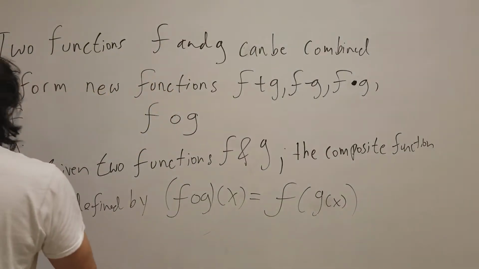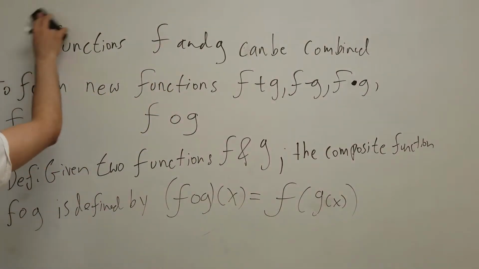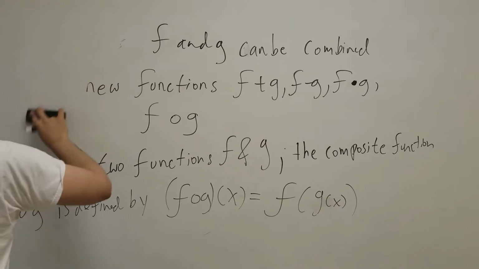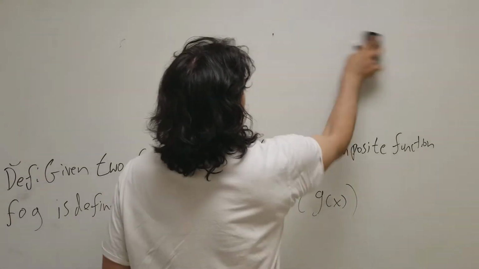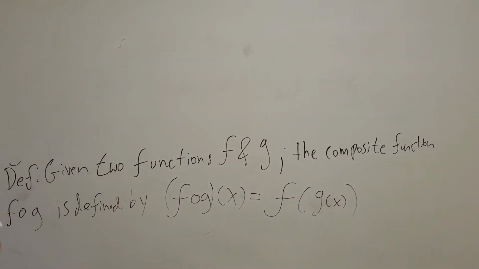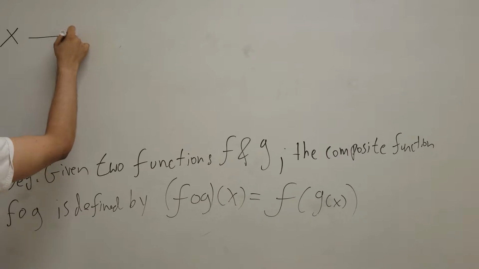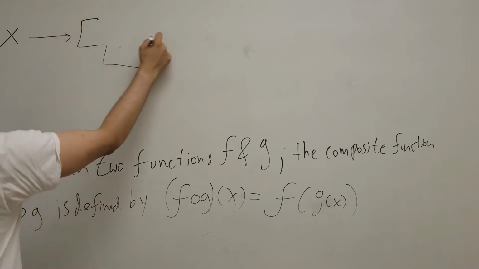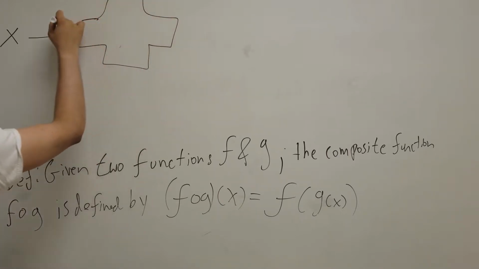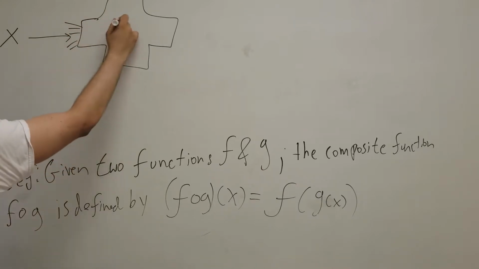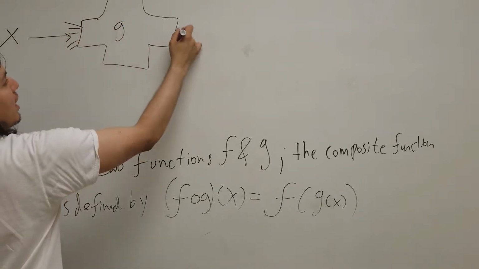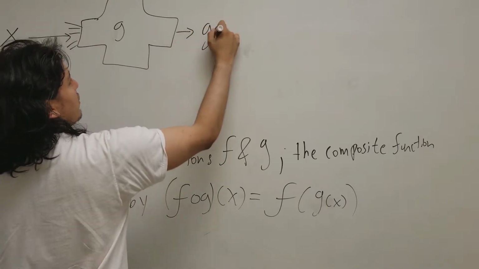So visually, what would that look like? You first start off with your input x, whatever that value is. You put it into this giant machine, your usual function g, and it spits out g of x.